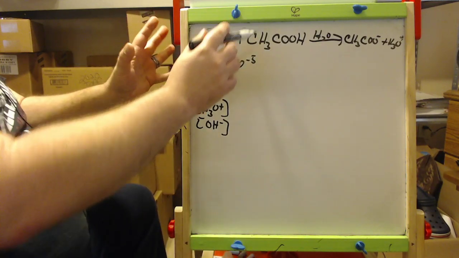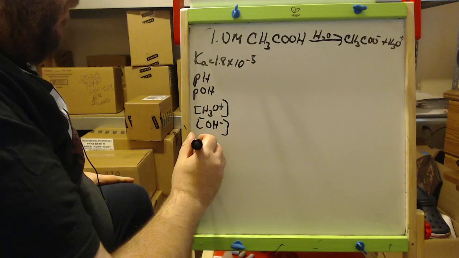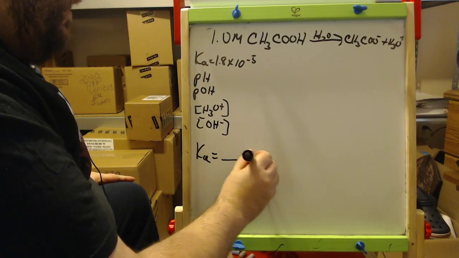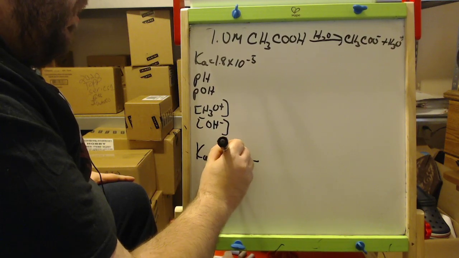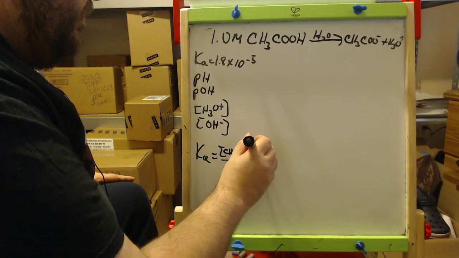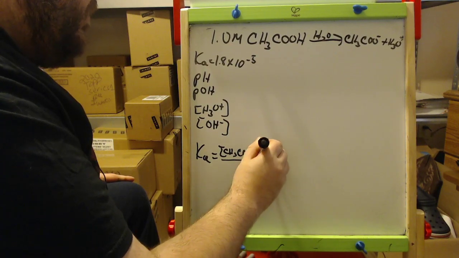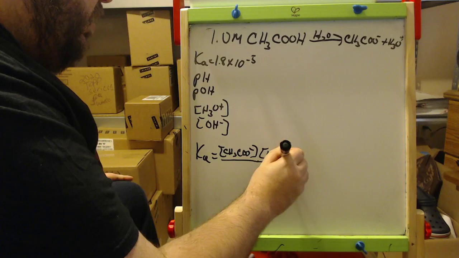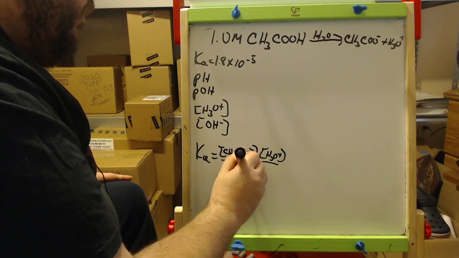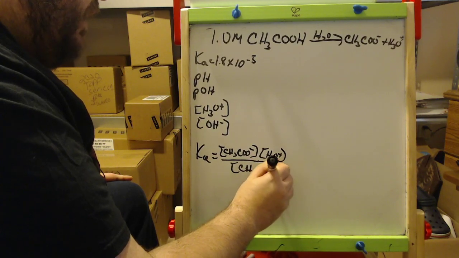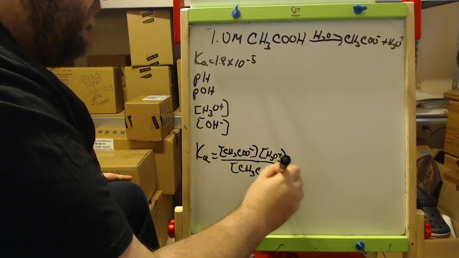Okay, so here's our equation. Now, I would write the Ka out as my second step. The Ka is going to be the concentration of CH3COO minus times the concentration of H3O plus, all over the concentration of my acid, CH3COOH. Now I know this is a weak acid because it contains carbon.